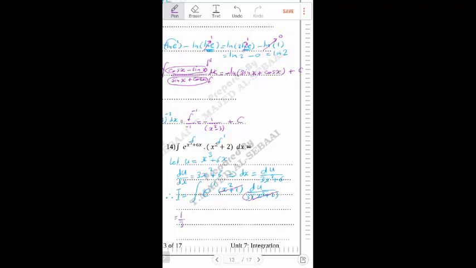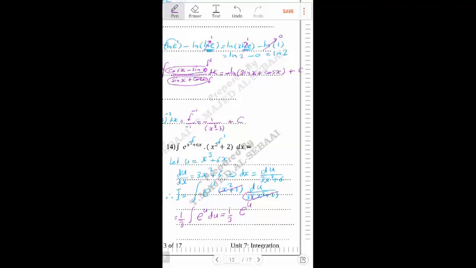The integration of e^u du. This is really easy. It's going to be 1 over 3. What is the integration of e^u? It is e^u itself over 1, which is the differentiation of u. You understand?